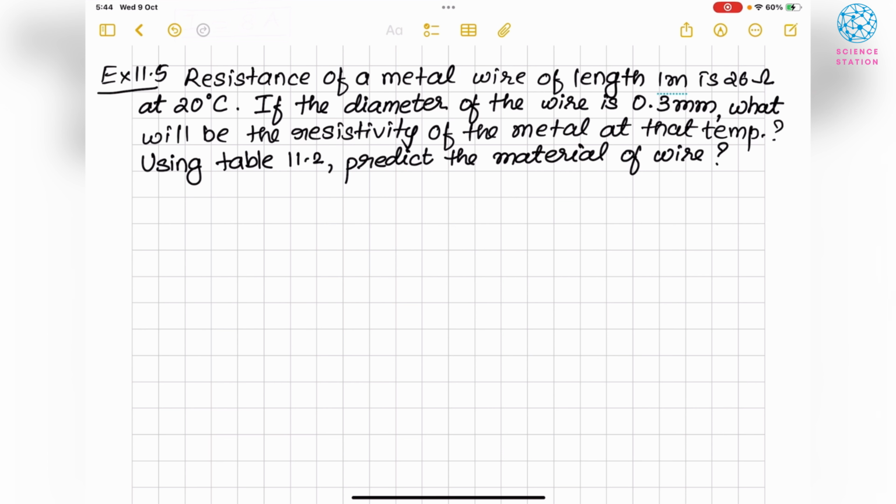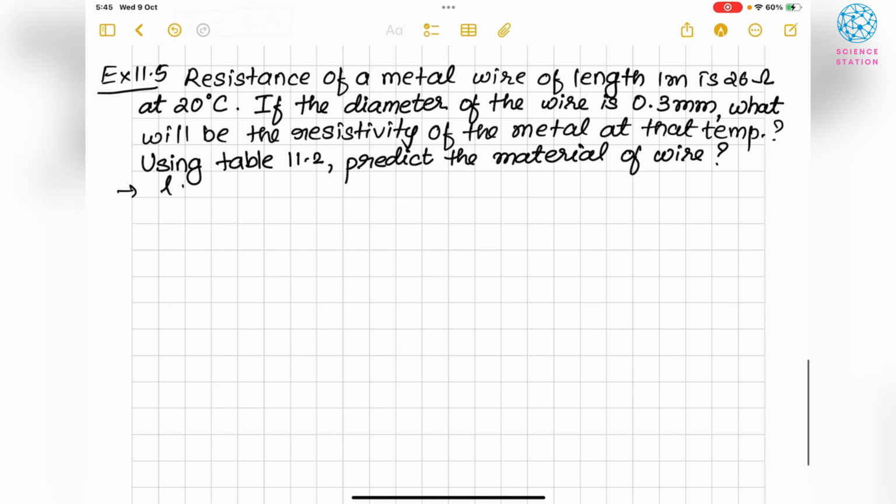Now, example 11.5 says resistance of a metal wire of length 1 meter is 26 ohms at 20 degree. If the diameter of the wire is 0.3 mm, what will be the resistivity of the metal at that temperature? Using table 11.2, predict the material of wire.